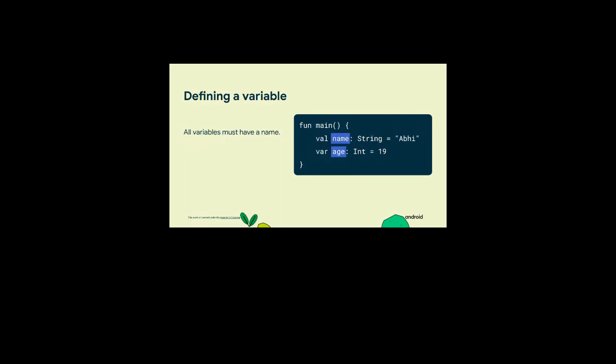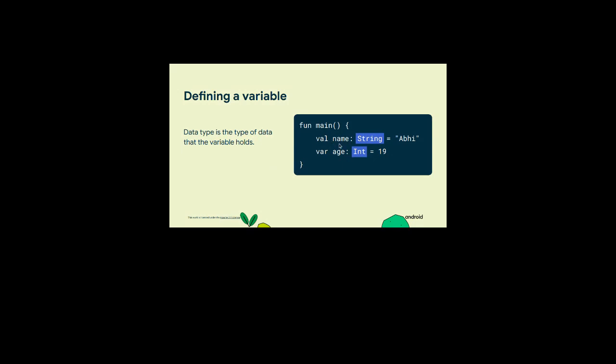It's an immutable type. So you will have your variable name over here after declaring val or var, and after that you will declare the data type of the variable. So I have declared val name of type String.